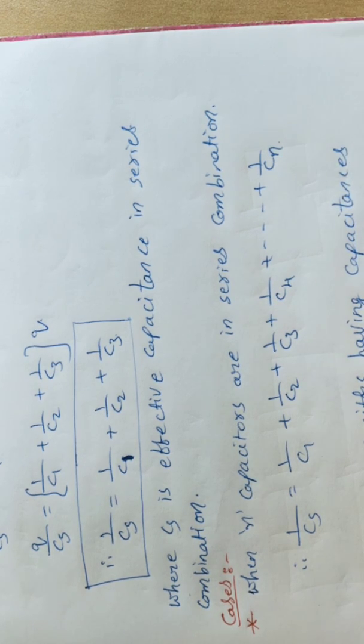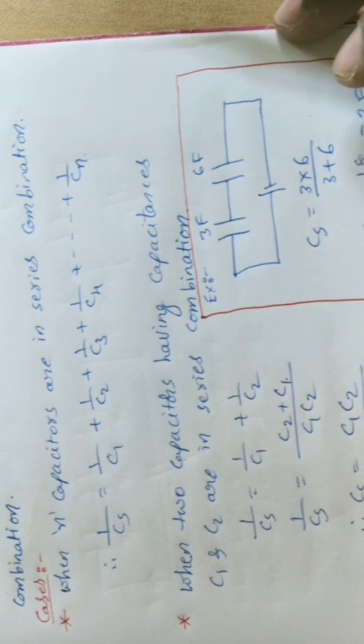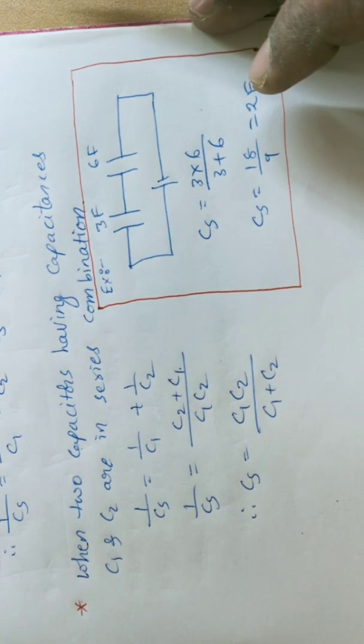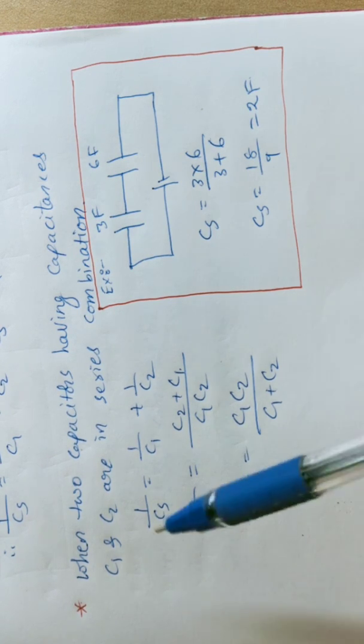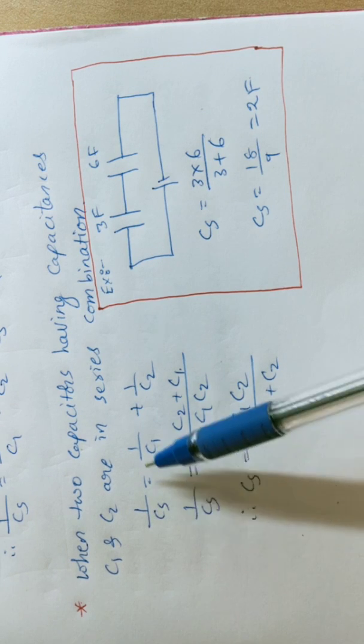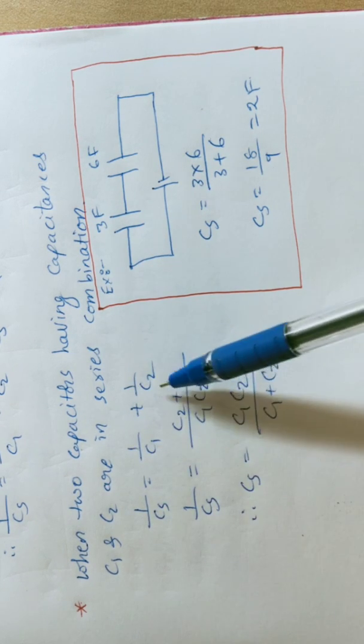Okay friends, now let us take two capacitors having capacitance C1 and C2, connected in series combination. In that condition, we want to calculate the effective capacitance. So we get 1 by Cs equals 1 by C1 plus 1 by C2.